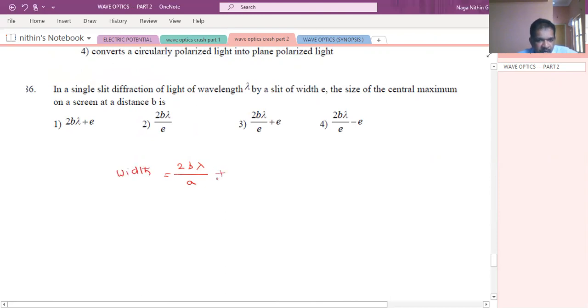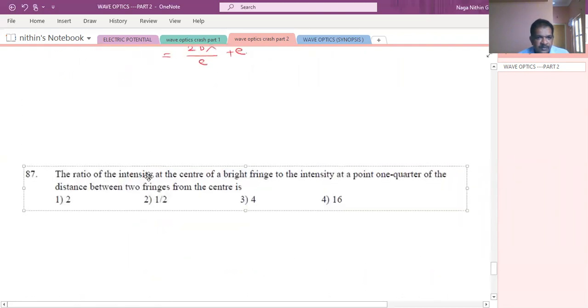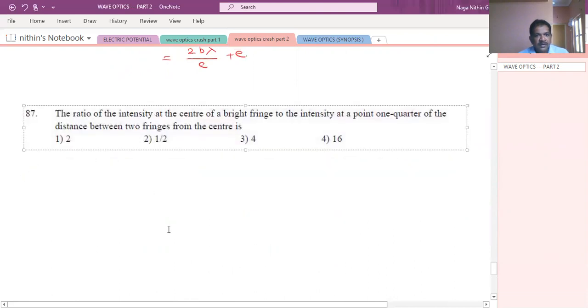The exact formula will have a plus a also. So among the given, the exact formula will be 2b lambda by E plus E. Okay. So next, 87, you see what they are asking.